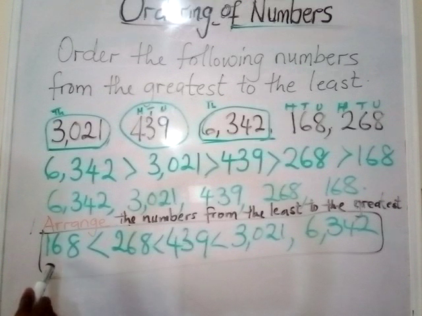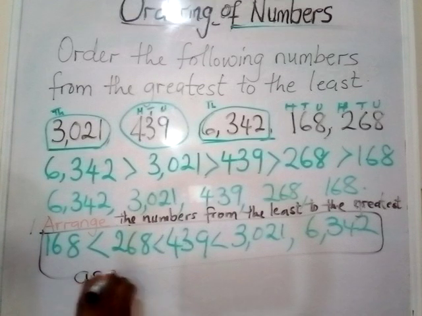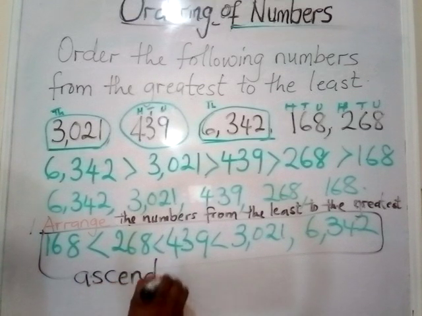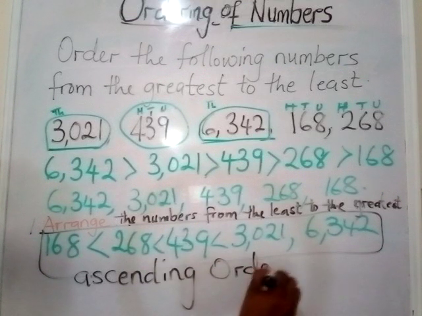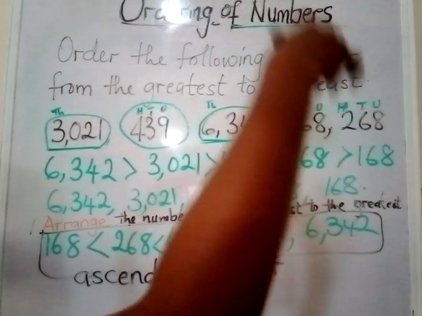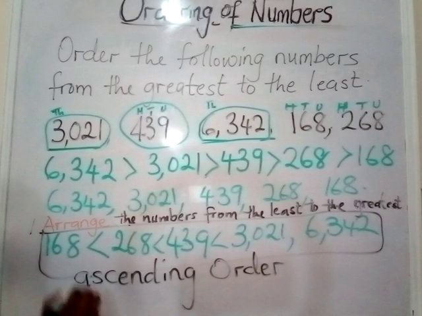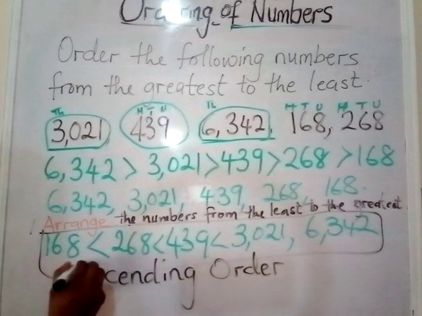So in this case, the set of numbers has been arranged from the least to the greatest, or it has been arranged in, let me just write this here, ascending order. Remember, I said ascending means you are going up. So ascending order means you're starting from the smallest and you are going up, while descending means you're coming down.